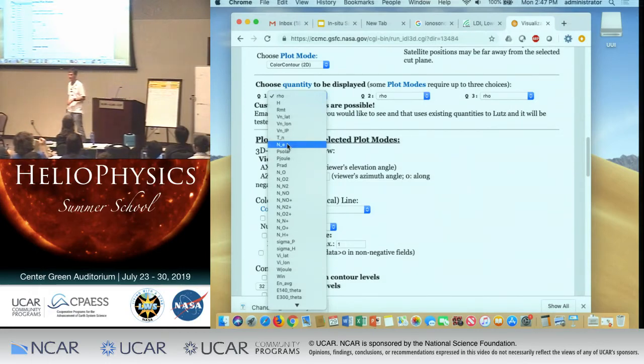Is that the IP that's part of the? I see Vn is attached to an IP. Pressure. So I guess you can plot.